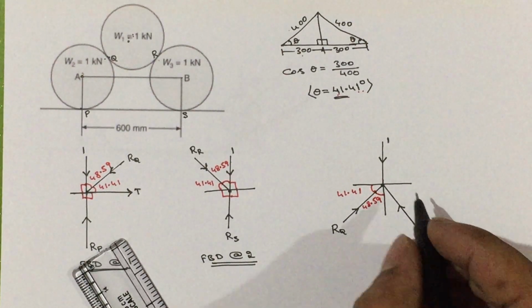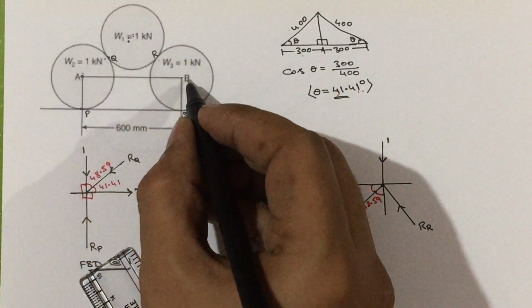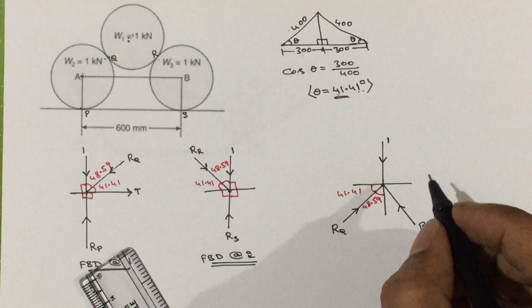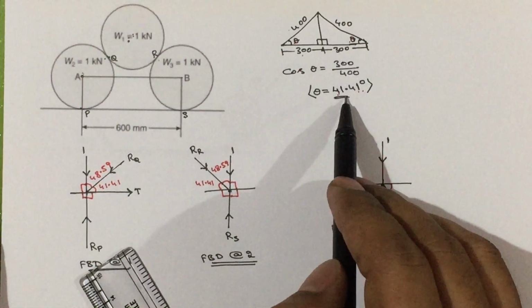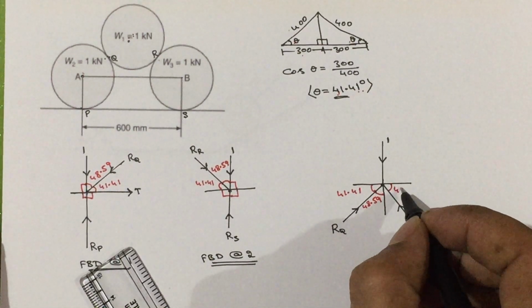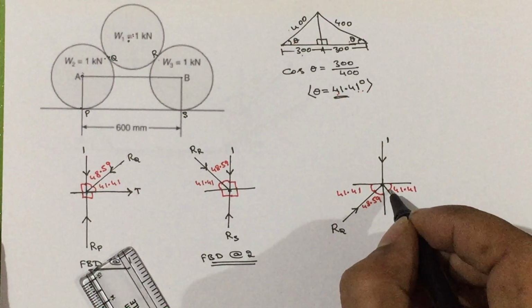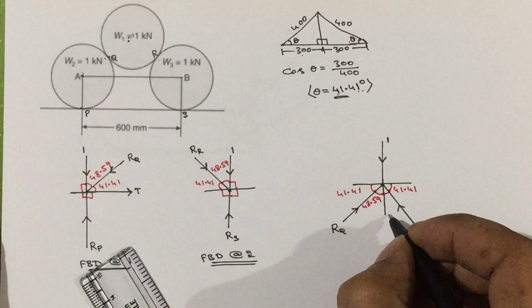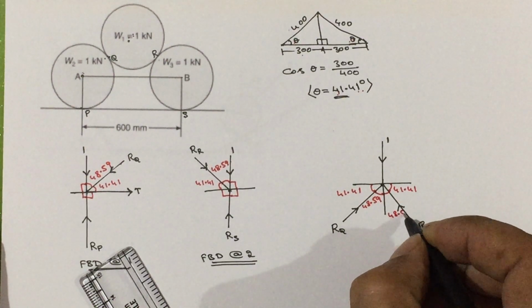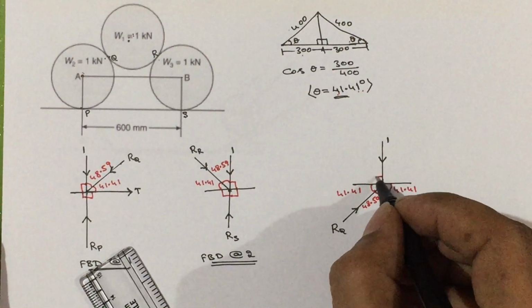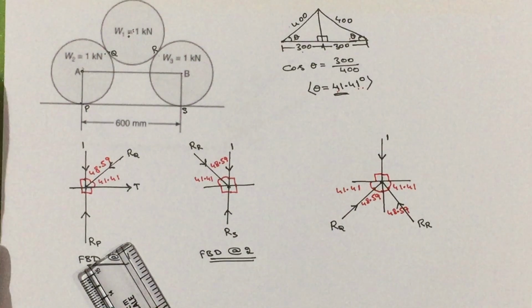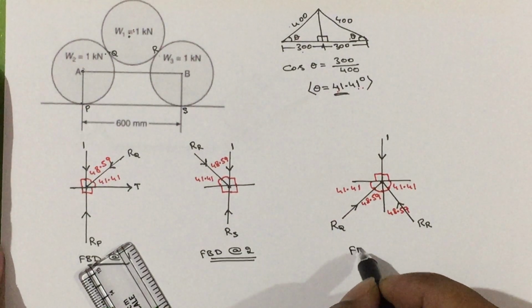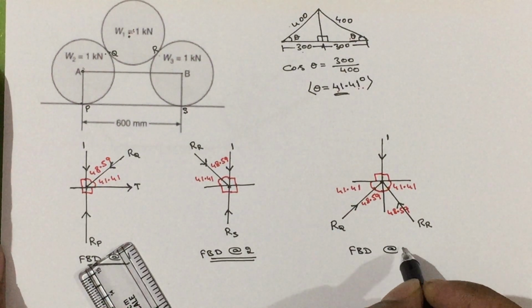Then this line RR, that is nothing but the line joining the center to center of these two balls, is also making theta, 41.41, with respect to horizontal. With respect to vertical, it will become 48.59. Then this is 90, this is 90. So this will be the free body diagram at the third ball.